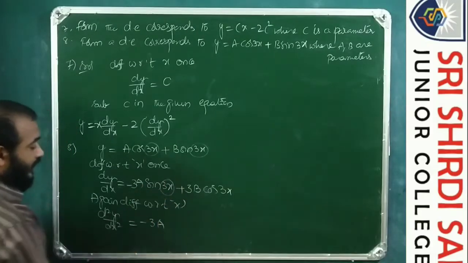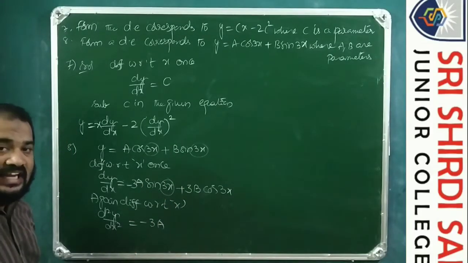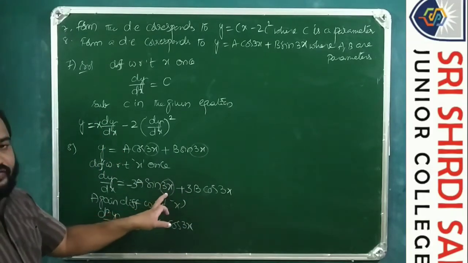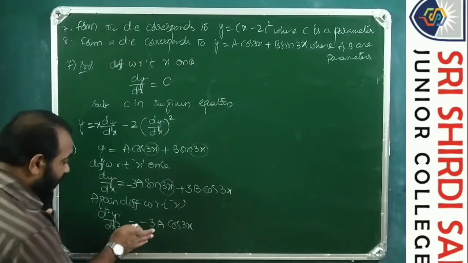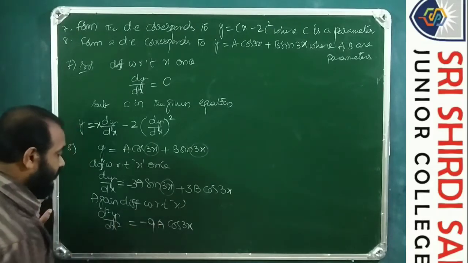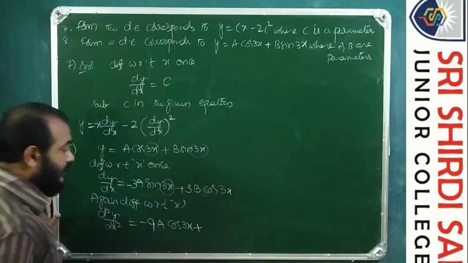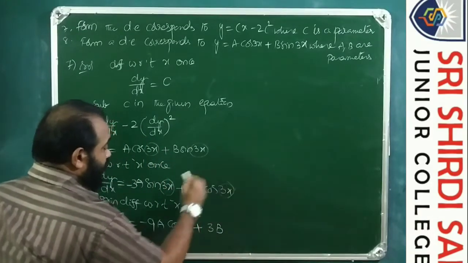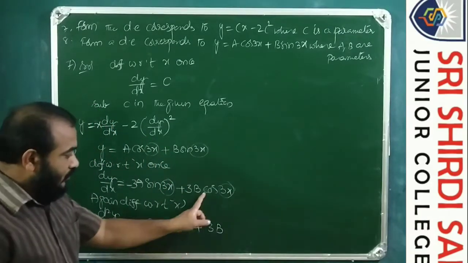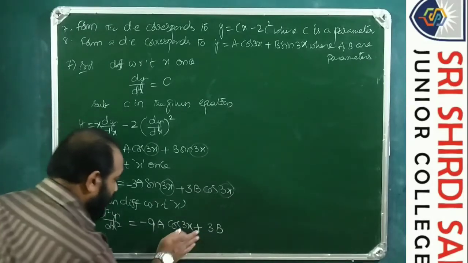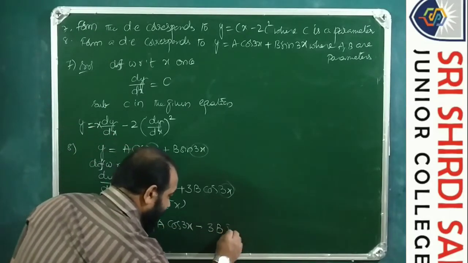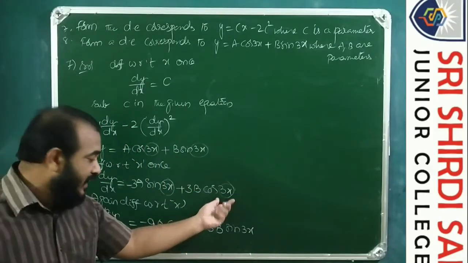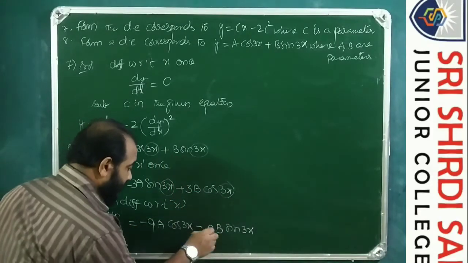Let us suppose this to be x, sin 3x derivative is cos 3x into d/dx of 3x is 3, so 3 3s are 9a, plus 3b being a constant, let us suppose this cos 3x to be x, so cos x derivative is minus sin, so this is minus sin 3x into d/dx of 3x is 3, 3 3s are 9.